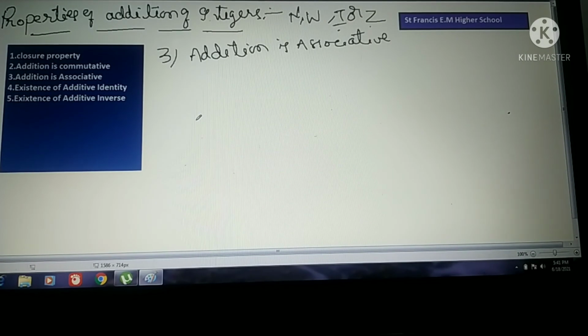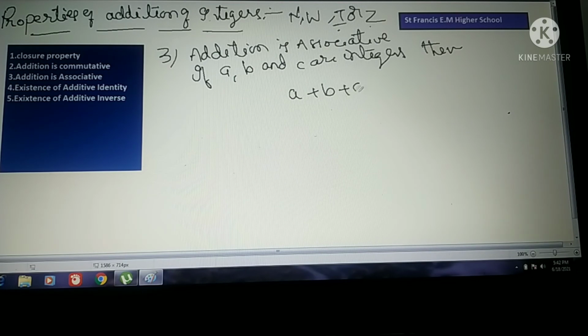Now addition is associative. The third one is addition is associative. What is this one? Here in this one, addition is commutative means we have taken 2 integers, right? Now we will check with 3 integers. If a, b and c are integers, then a plus b plus c.